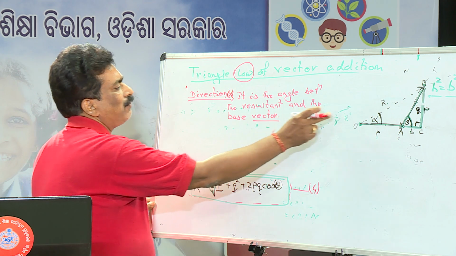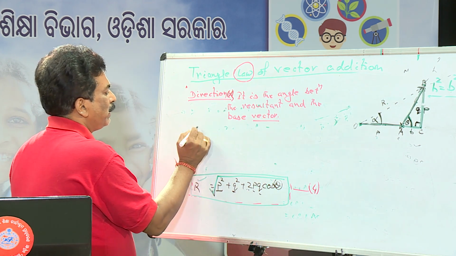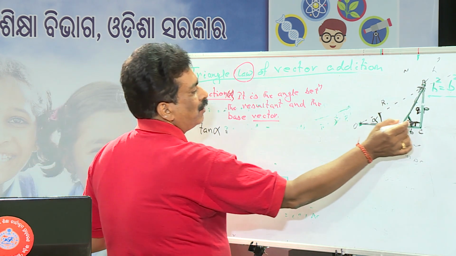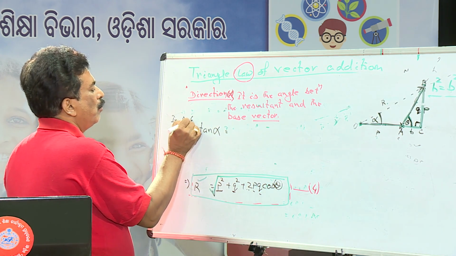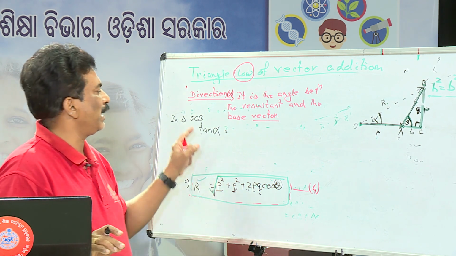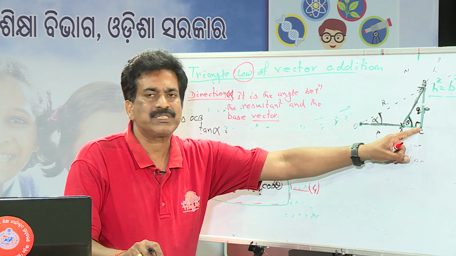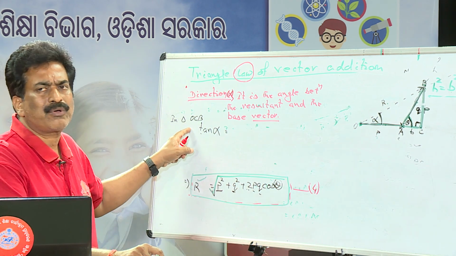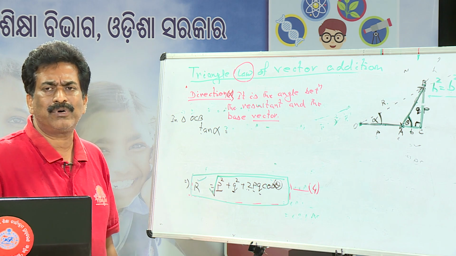So how do we calculate that alpha? To calculate that, suppose we take tan alpha. Tan alpha for the triangle OCB. In triangle OCB, again I am saying OCB is a right angle triangle, because you see C is at the middle position, C is making an angle of 90 degrees. Therefore, it is not required to write right angle triangle OCB.